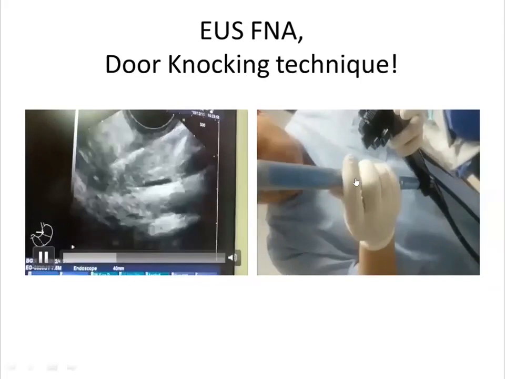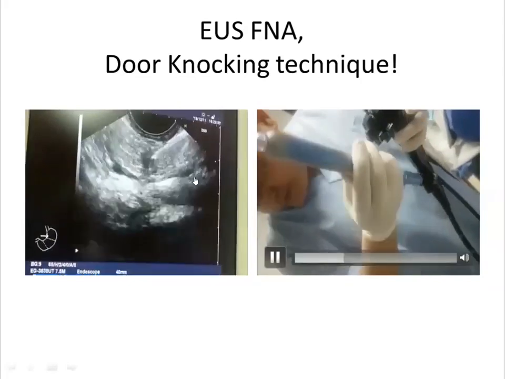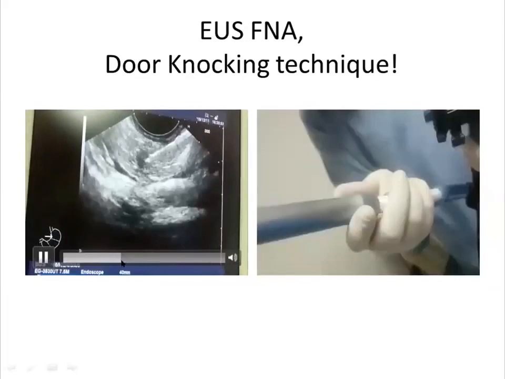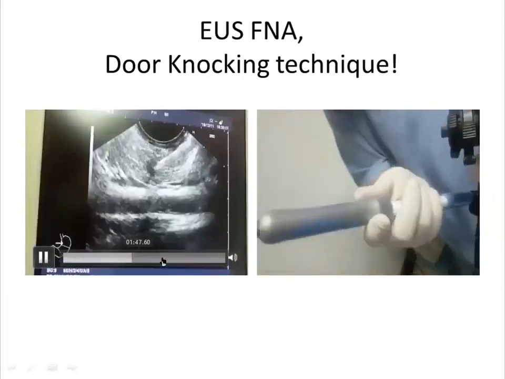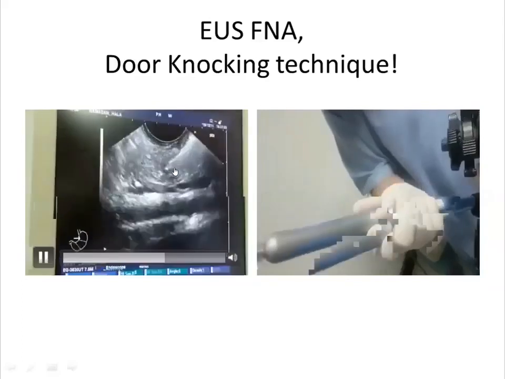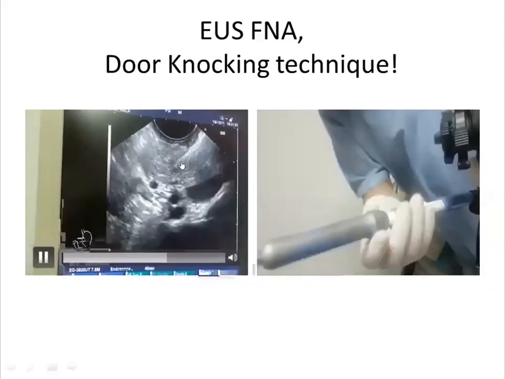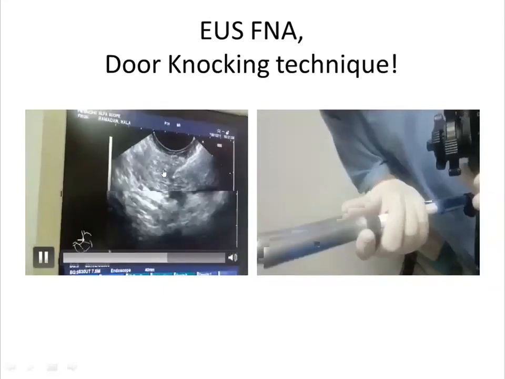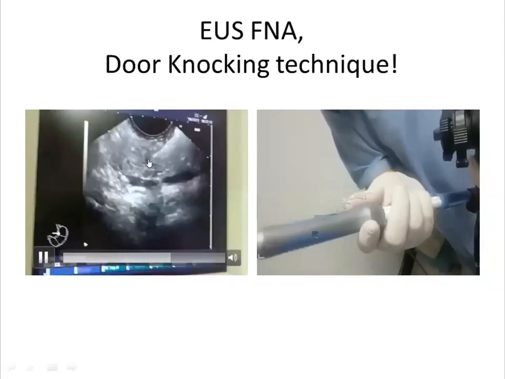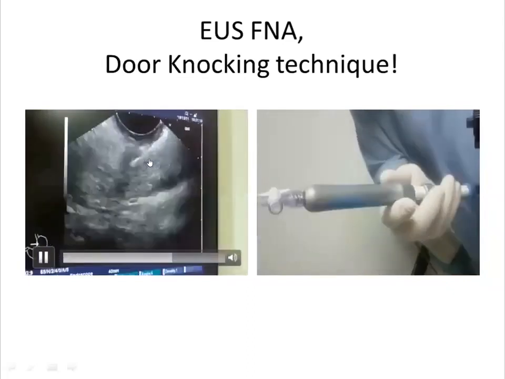You know that sound, like knocking on a door. We tried several times, and as you see with me here, after applying the door knocking technique, the needle now starts to move inside the mass, and not shaking or moving the mass as a whole.